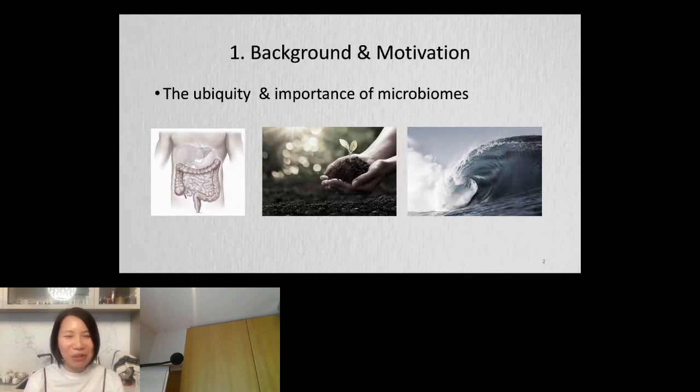So microbiomes are everywhere. They can be in the soils, in the sea, and on our bodies. And they also tell us about many things, like the pollution level of an environment or the health status of a person.